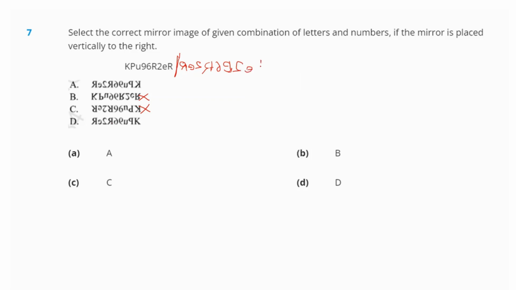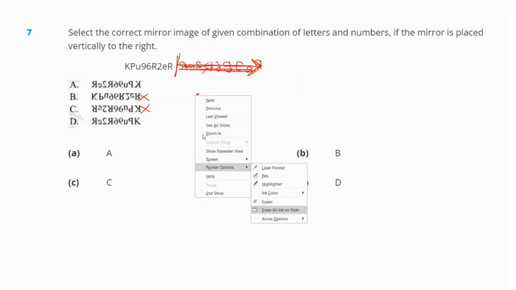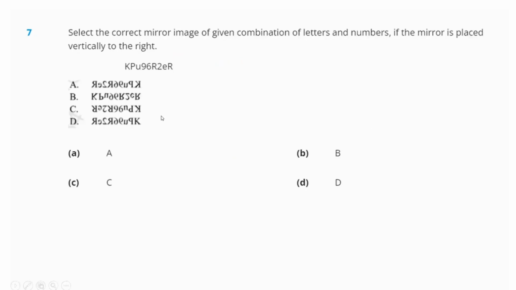Then E. Then R. If you see that R, so no, it's not R, it is K. No, let's make this again. Clearly we'll make it. So we have already eliminated these two options. These two options. We have this option and this option. This one.